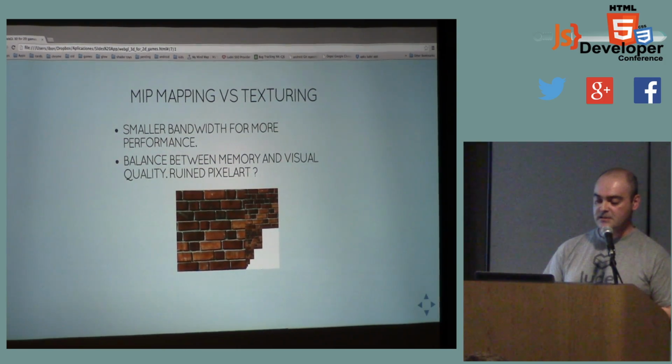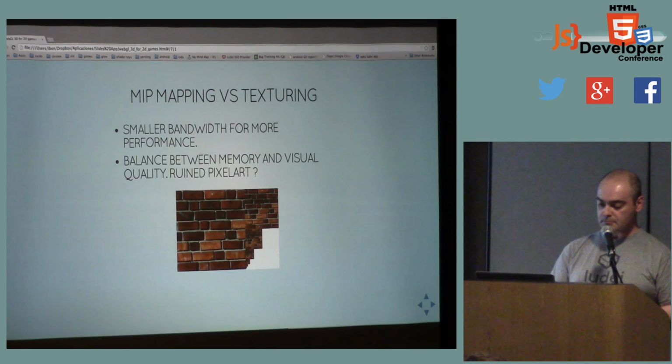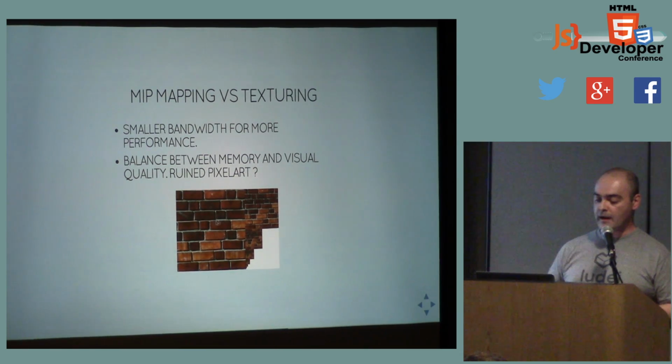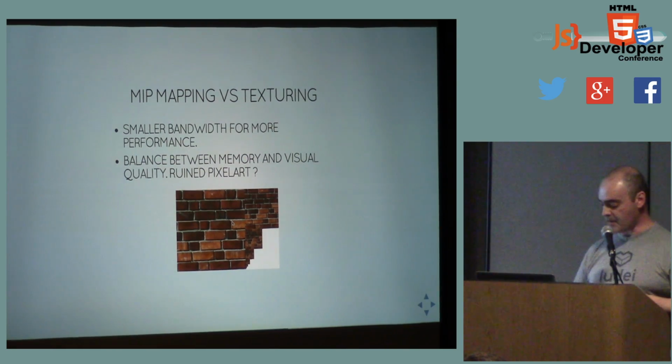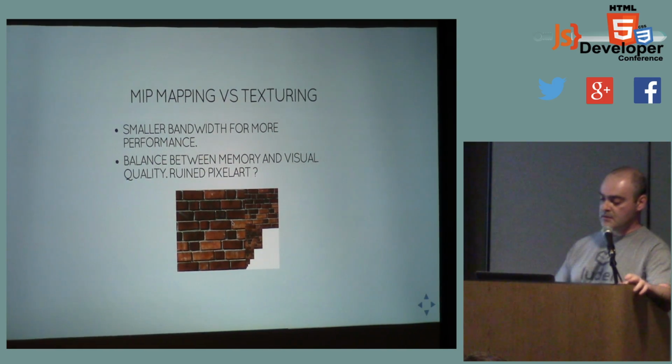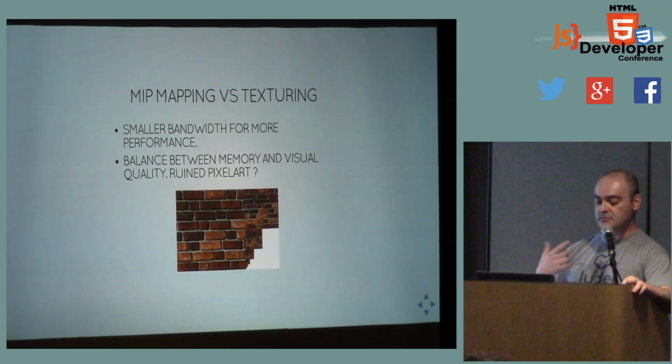And one thing we can do is MIP mapping the content. This image at the bottom is a MIP mapped version of the original image. What MIP mapping does is build different versions of the same image for different resolution spaces when applying the image. I will explain that.